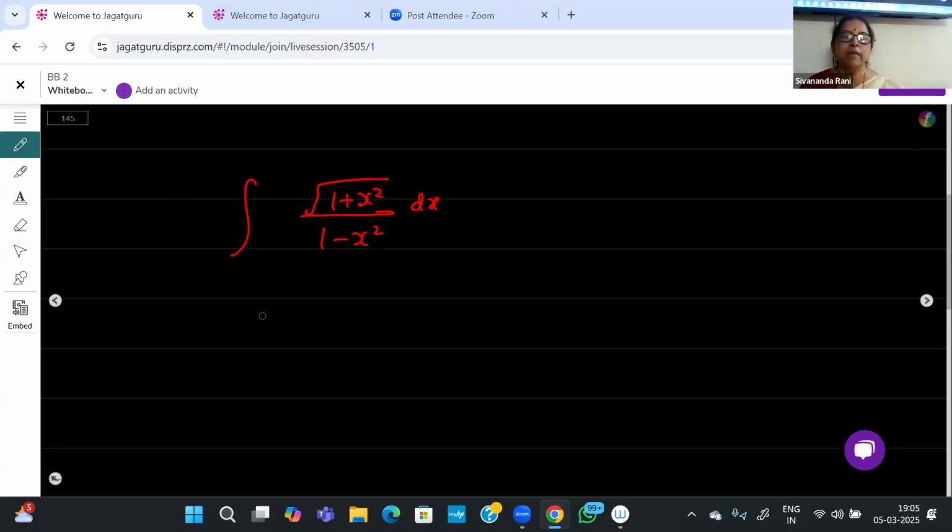Sri Lakshan, can you suggest something? This is a big hint. Root of 1 plus x squared. Vidit, can you try? Subhitra, I'm sure she can think.